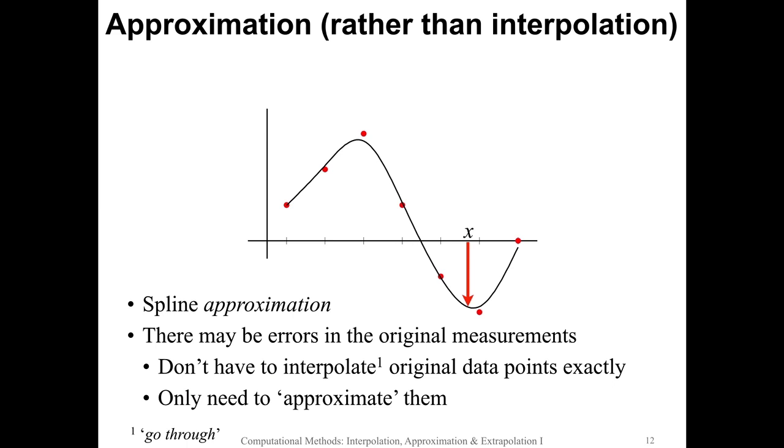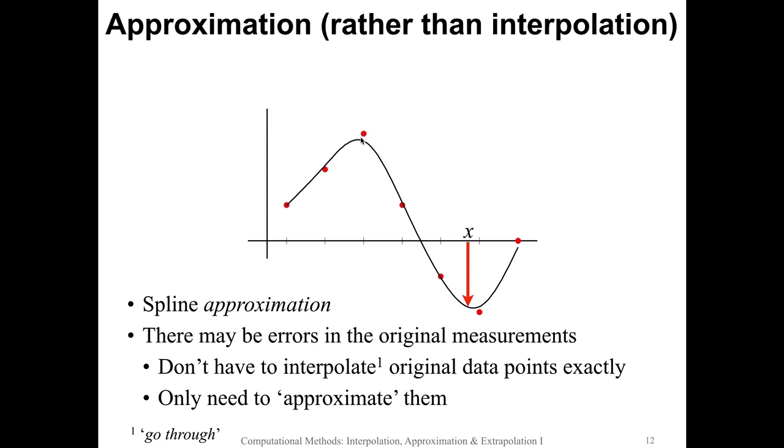So this is an example that's slightly different. This time, the same data again, but what we're not doing is interpolating. What we're doing instead is approximating. We're approximating our data with a spline, so we call it spline approximation. This is partly to reflect the fact that we accept that there might be errors in our original measurements.